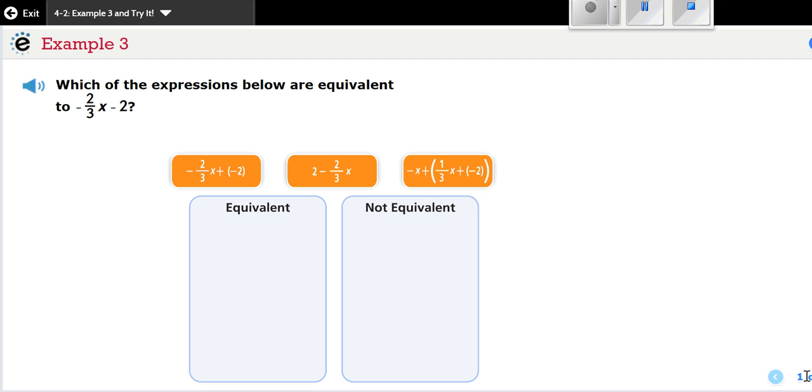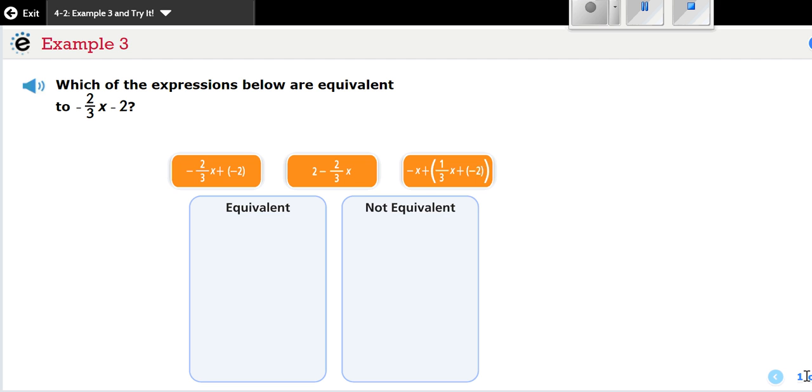So the question for example 3 is utilizing the concepts learned in example 1 and example 2 using the different kinds of properties. One, the distributive property was talked about a lot. The other one is they called it the commutative. I've always called it the commutative. I just like the sound of that better. So if that's what I say, that's what I'm talking about, the commutative property.